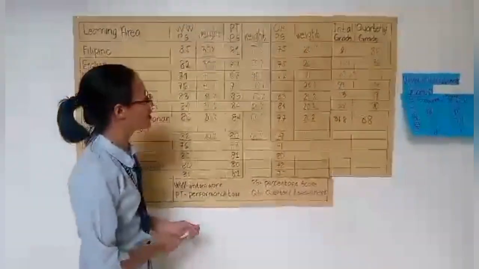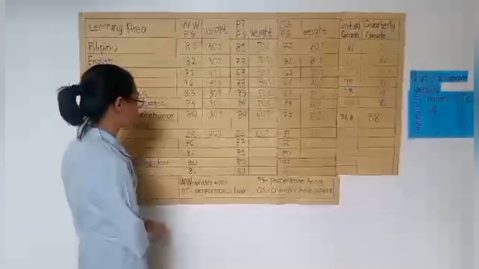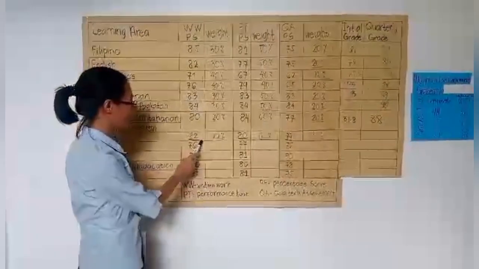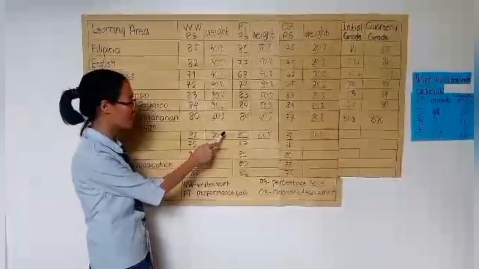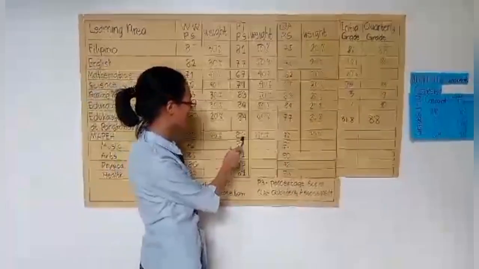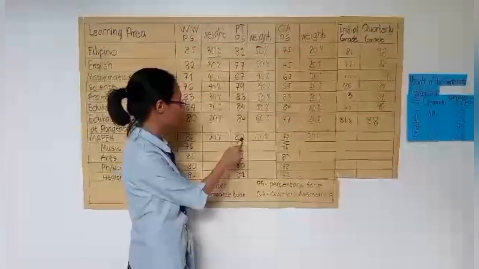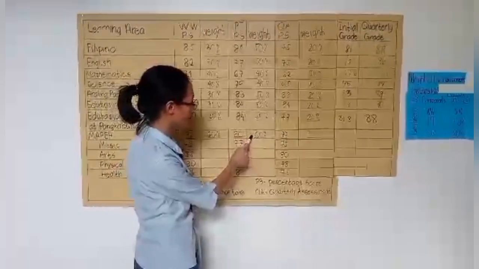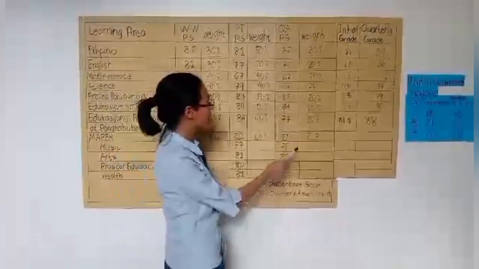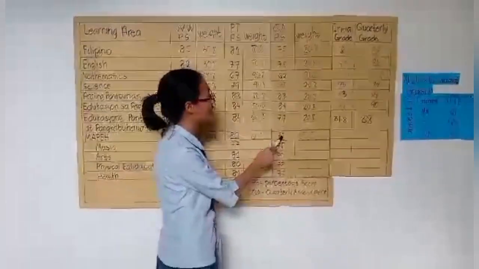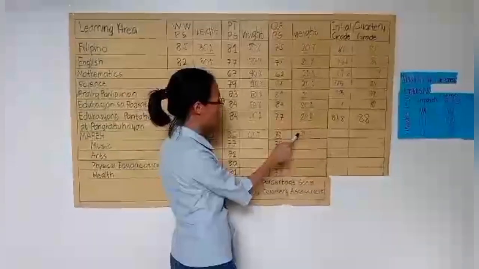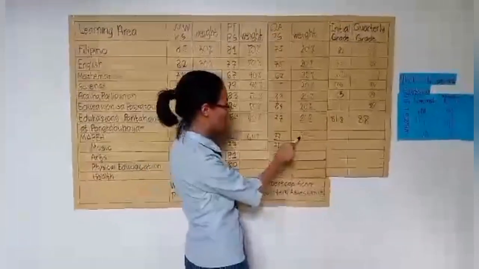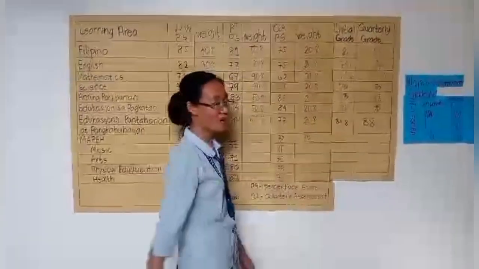So to get the initial grade, we have to multiply 82 times 0.20 equals 16.4. 80 from performance task times its weight 60% equals 48. Then 77 from quarterly assessment times 0.20 from its weight equals 15.4.